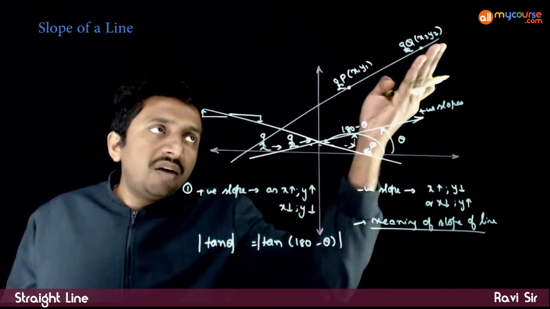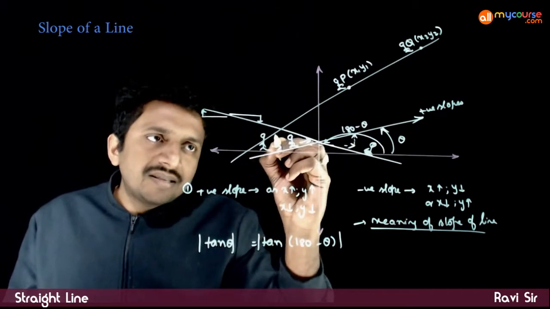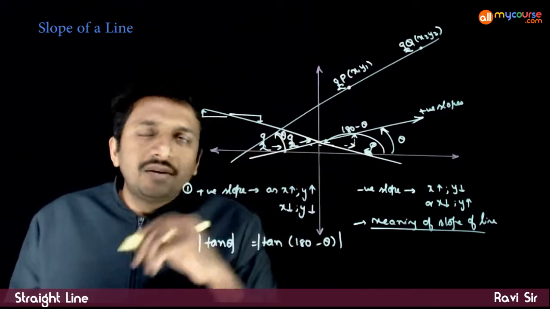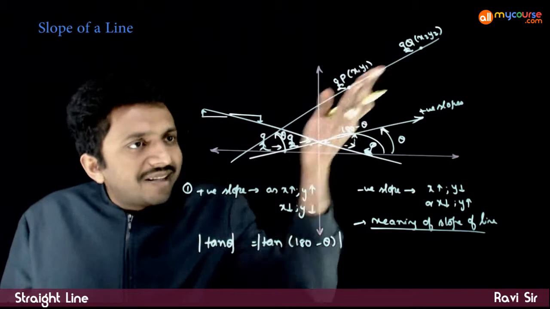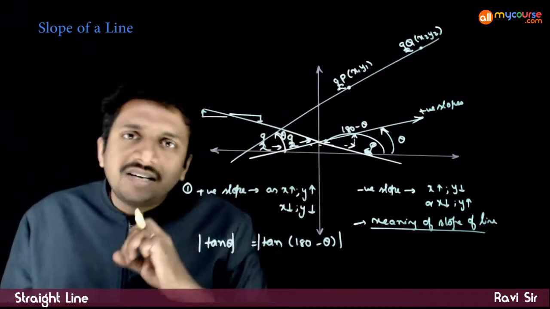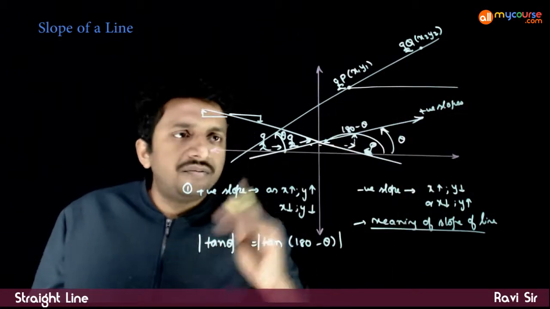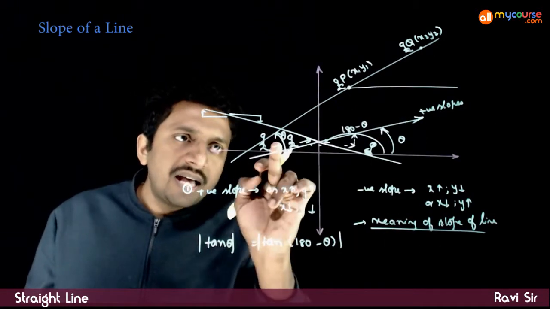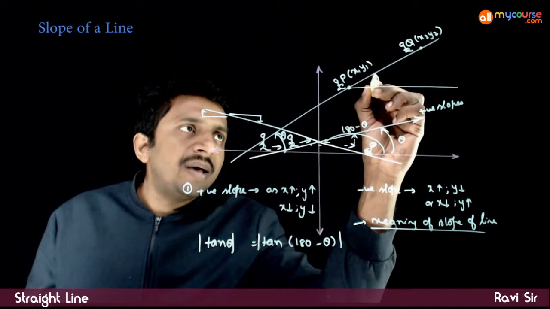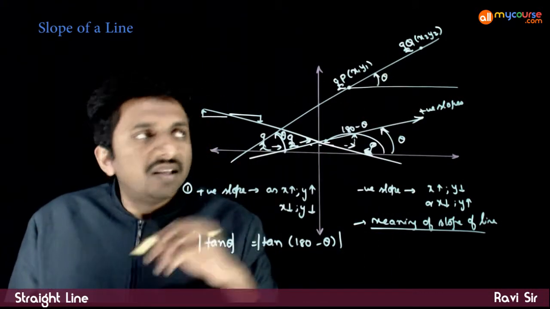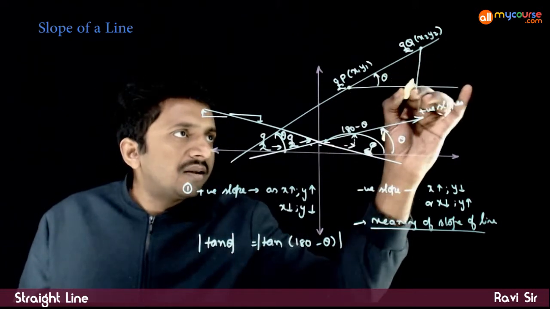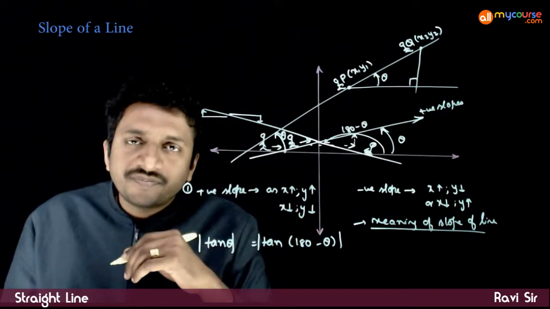As you know, if you extend this line, it makes some angle theta with x-axis. Now if you draw a horizontal here, as you can see, this theta is exactly same as this theta. And if you draw a vertical line here, such that this angle is 90 degrees.